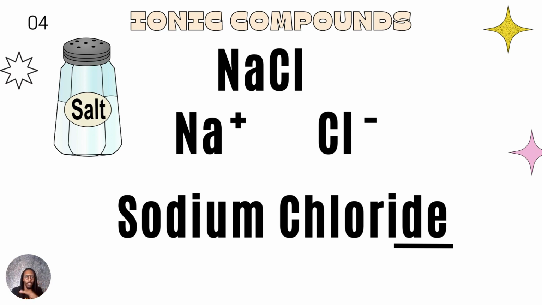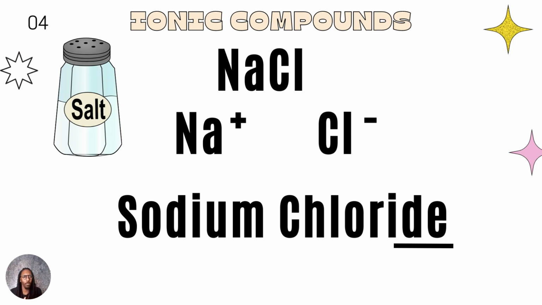We do this every single time with every single type of ionic compound. You will always change the ending of your anion to -ide. So when we're talking about salt, salt is sodium chloride.